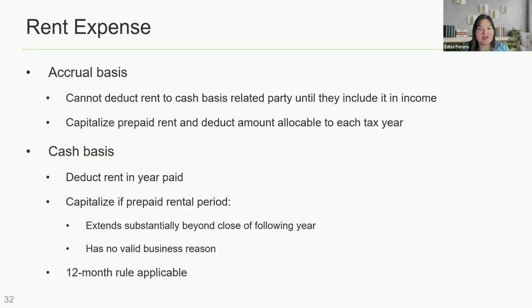So if that business that was operating as accrual falls behind, doesn't make their payment on time, then it becomes a cash basis for this particular item only. So you have the building, you operate your business in the building, your business pays you rent for the use of that personal building. It's cash for the building owner, it's accrual for the business.